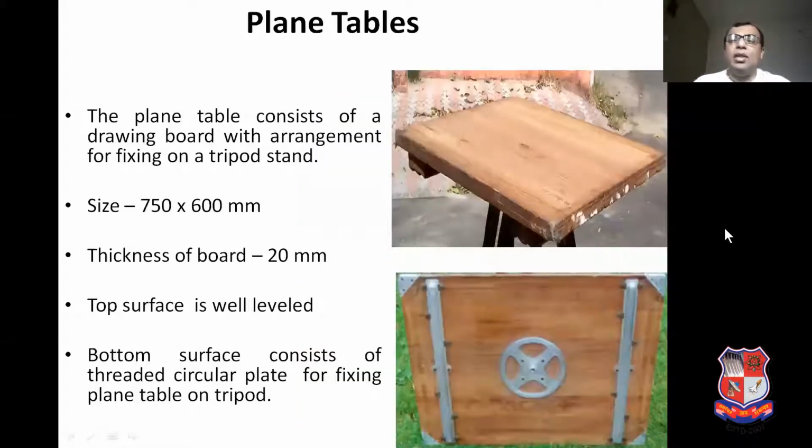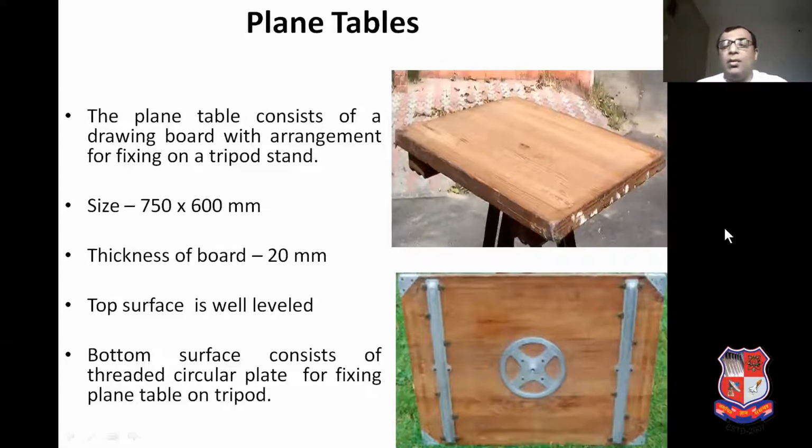First, we will start with the plane table. Plane table consists of a drawing board with an arrangement for fixing on a tripod stand. You see in the figure, the top surface of the plane table is shown, as well as the bottom surface of the plane table. So the plane table is provided with a fixing arrangement on the tripod stand.